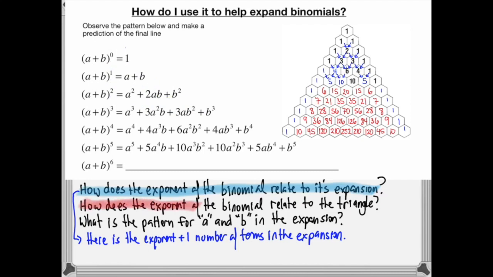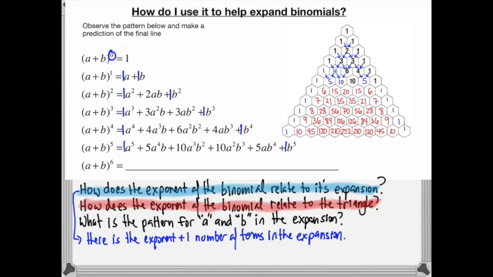How does the exponent of the binomial relate to the triangle? If we look at what correlates with these numbers, I'm going to put some numbers in front, like 1 and 1, some coefficients, that we don't normally write for quality of life reasons, but let's take a look.